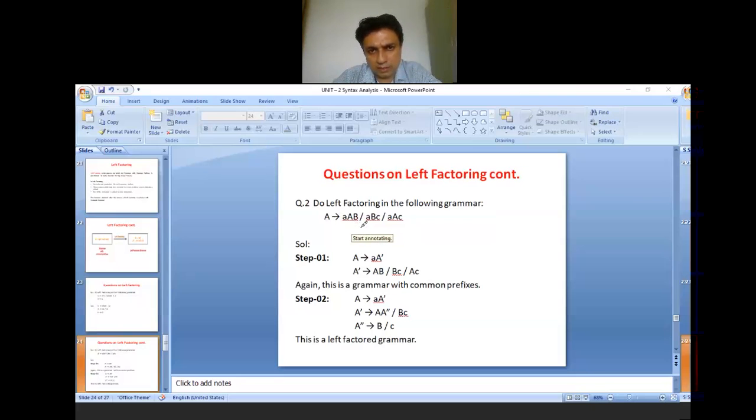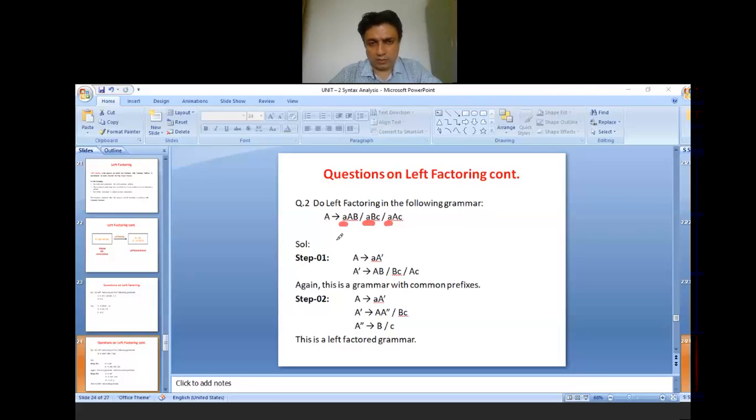In all three productions, it starts with small a, so that's why it contains the left factor. Small a is there in all three of the productions.